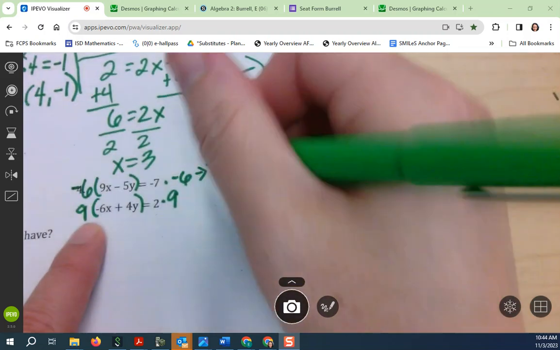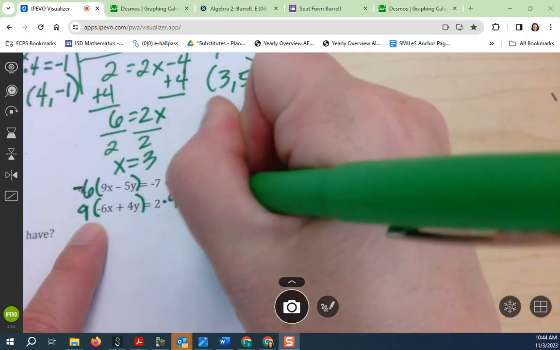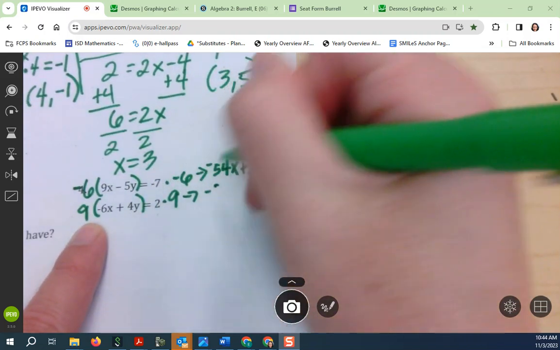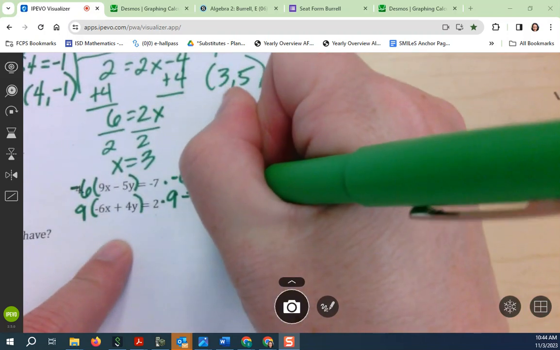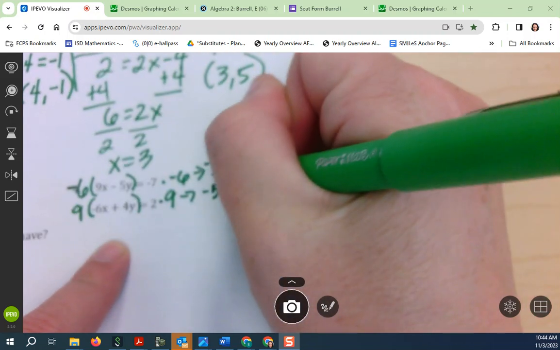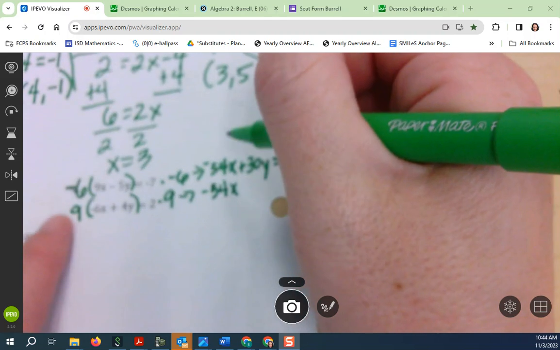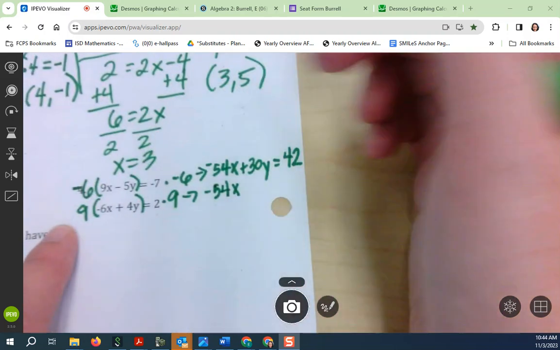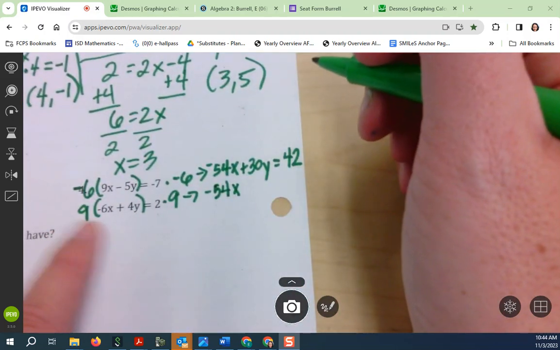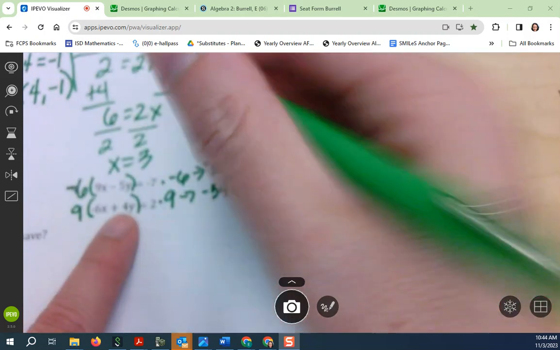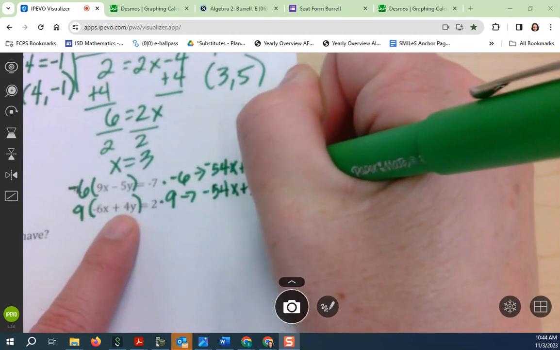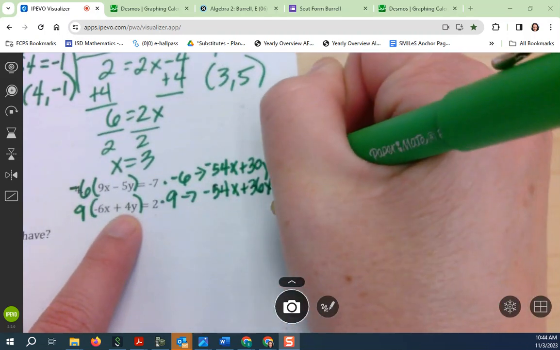So this is going to become negative 54. Oh, is it negative? Oh, it is. It's the same. I could have multiplied the first one by positive, so they'd be opposites, but we'll figure this out. And then this is going to be 36y, and this is 18.